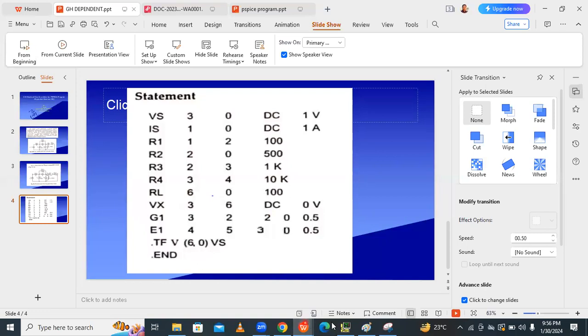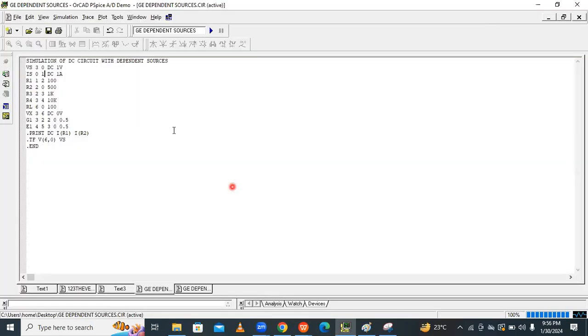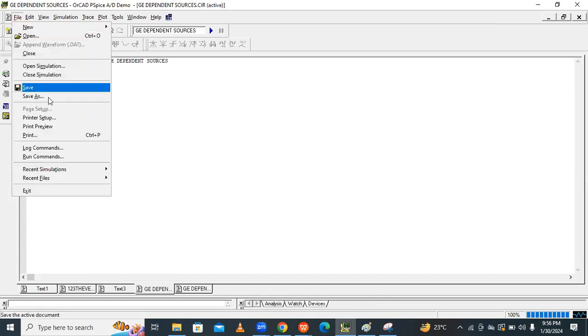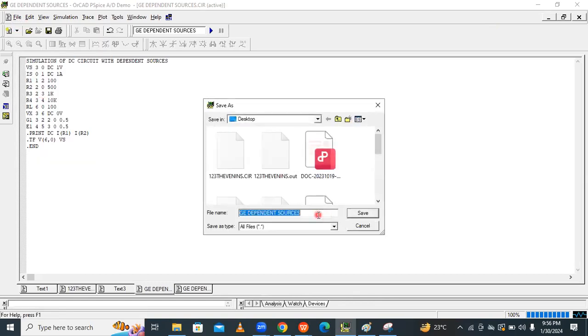After writing the program, go to File, Save As, and write the name.